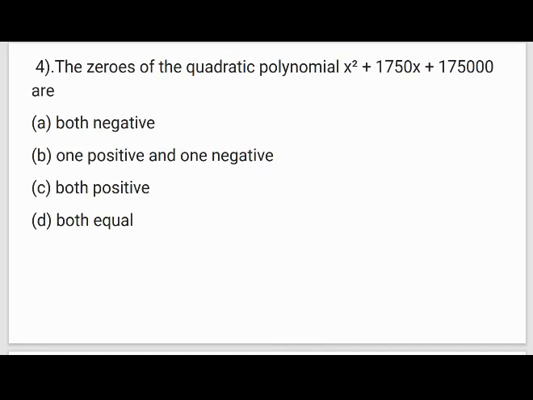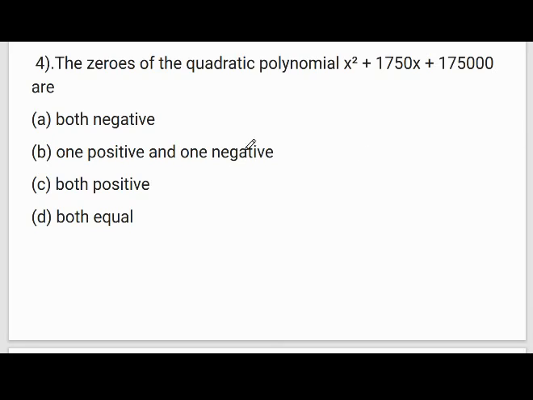Right. Now the fourth question is, the zeros of the quadratic polynomial x square plus 1750x plus 175,000 are, both negative, both positive, one negative, and both equal. Let's find the solution.